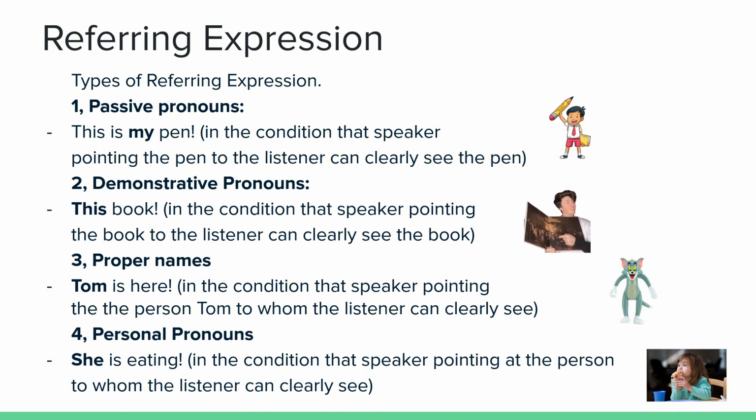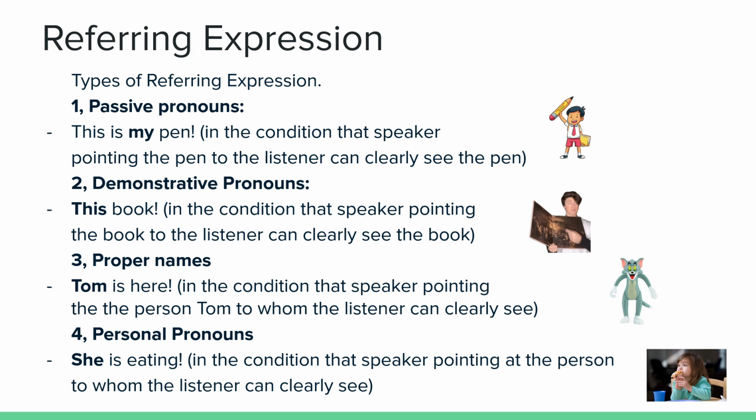In the group of possessive pronouns, the sentence "This is my pen" is a referring expression. It can only be the case when both speakers and listeners know where the pen is when the speaker speaks.